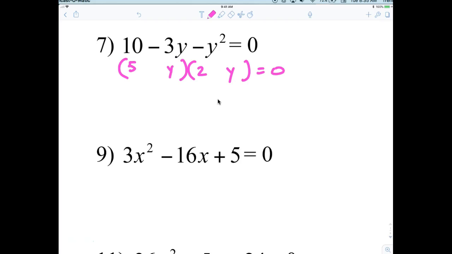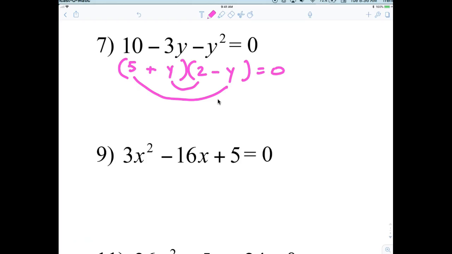Now, the reason why it's a little bit trickier is because you have to make sure that you get the right negative in the right spot. So this is 2y, correct? Do I want the 2y to be positive or negative? Positive. Now, to get the positive 2y, the plus goes there. And I want the 5y to be negative. So the minus sign goes there.